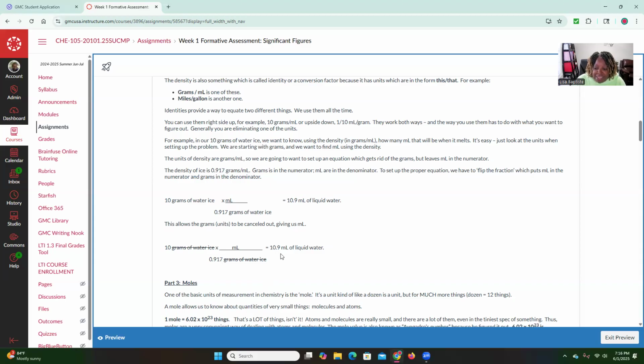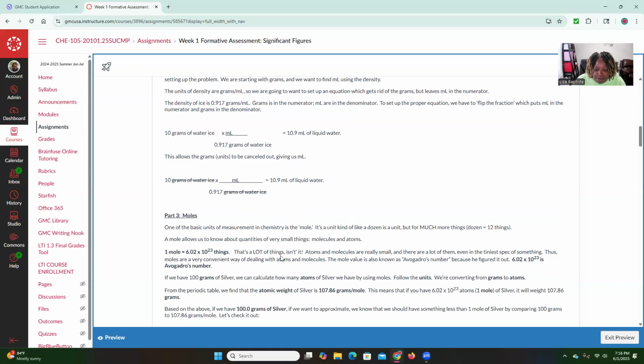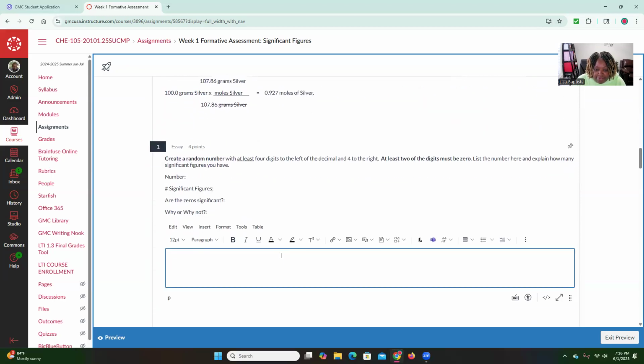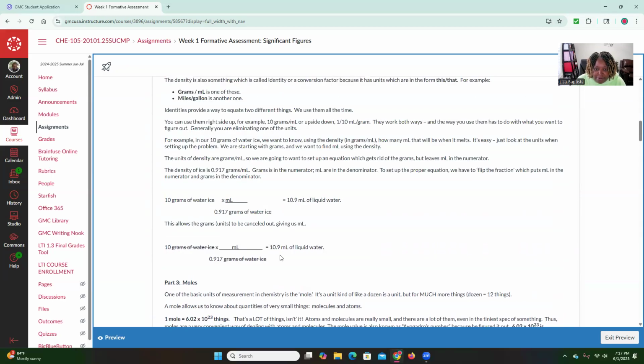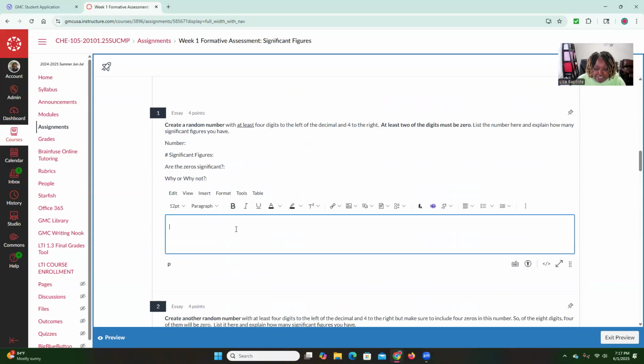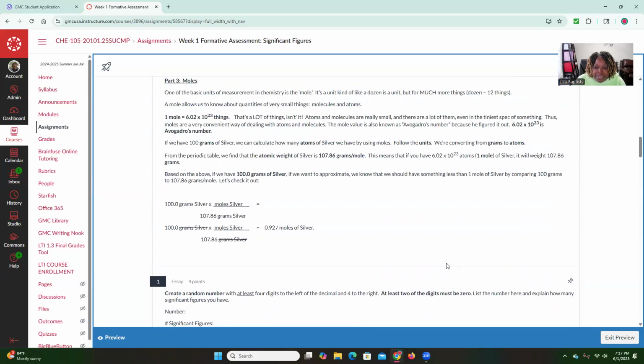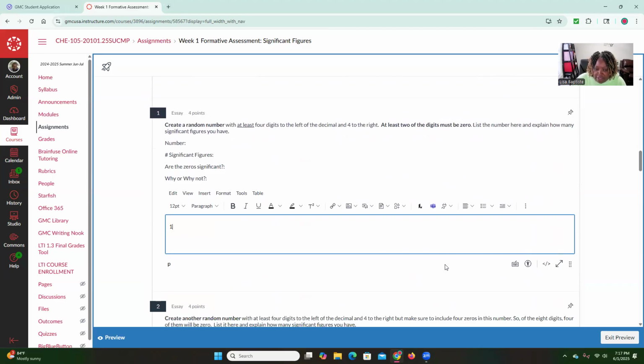And so with scientific notation, I think I have an example. Okay, I'm just going to write in here just so that you can see it. So 10.9, if we put that in scientific notation, okay, you would move this decimal over one place, and that would be equivalent to 1.1. Okay, so we move that decimal place over one time.